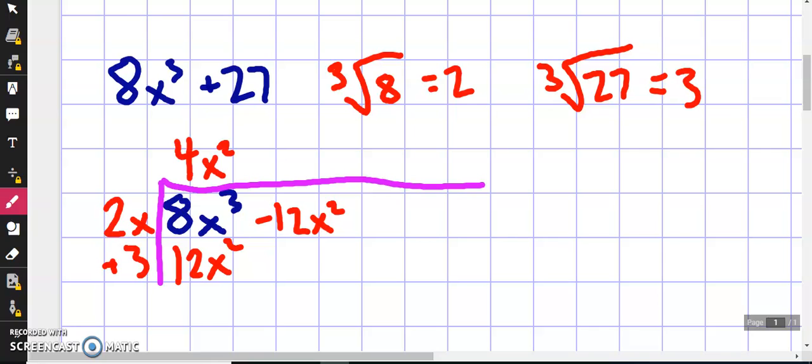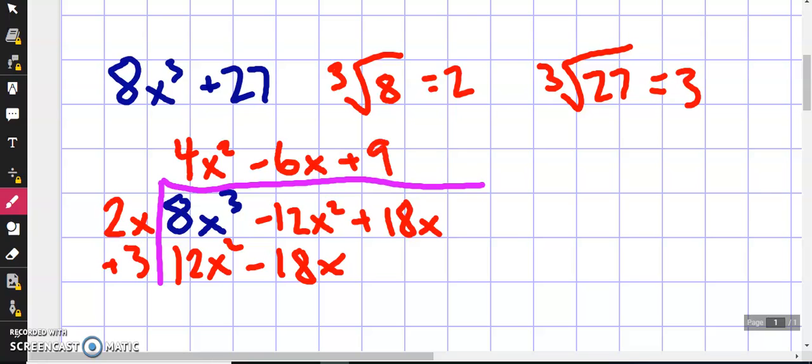Negative 12 divided by 2 gives me negative 6, and I'll bring the x up to the top. 3 times negative 6 is negative 18x, which tells me I need a positive 18x to cancel it out. 18 divided by 2 is 9. And then if I double check, 3 times 9 does give me 27, which matches what I had in my original expression.